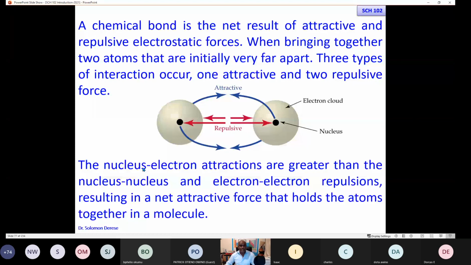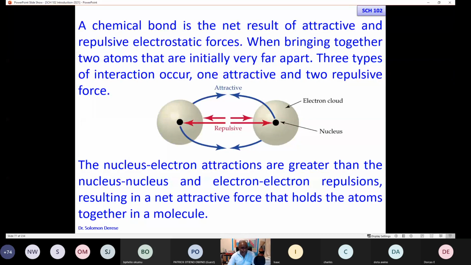So the nucleus-electron attractions are greater than the nucleus repulsive and the electron repulsive forces, resulting in a net attractive force that holds the atoms together in a molecule.